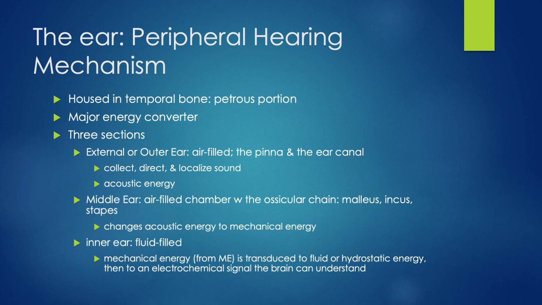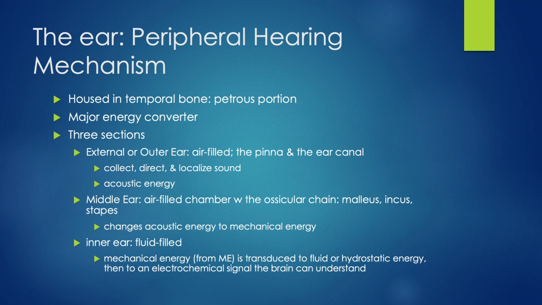So the external outer ear is air-filled, and it's collecting, directing, and localizing sound. So it's acoustic energy. The middle ear is air-filled still, but it's encased, right? It's not open to the environment. And so that's where our ossicular chain is, and it's going to change that acoustic energy from the eardrum to mechanical energy as the ossicular chain swings.